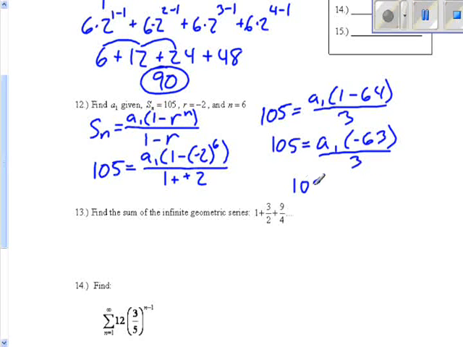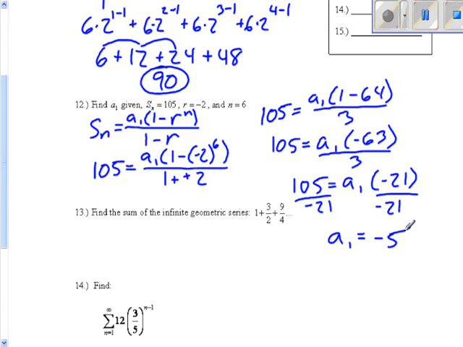So that's 105 equals a sub 1 times a negative 21. I have to divide each side by the negative 21. And I find out that a sub 1 equals a negative 5. Alright, so a sub 1 equals a negative 5 for that one.